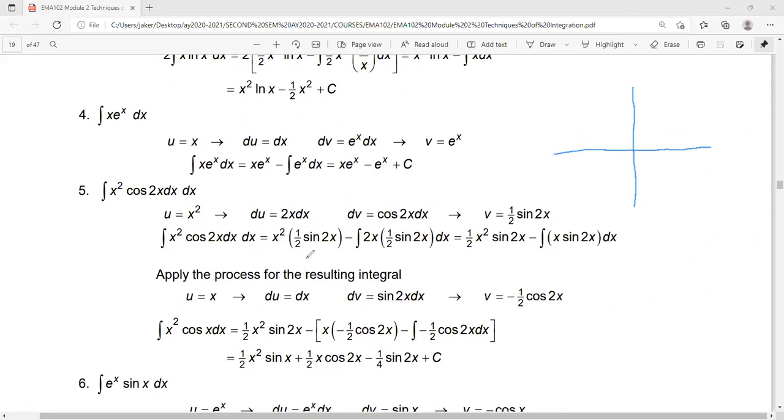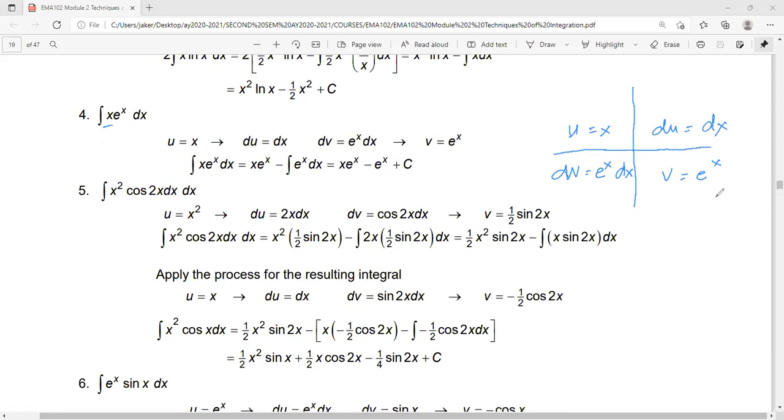Now, in this case, class, you can assign the polynomial, the x, as your u, and the exponential function as your dv because it's readily integrable. So your u is x, your du is dx, your dv is e raised to x dx, and your v is e raised to x.